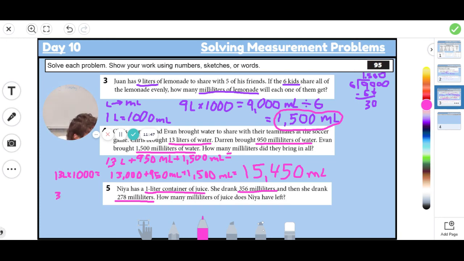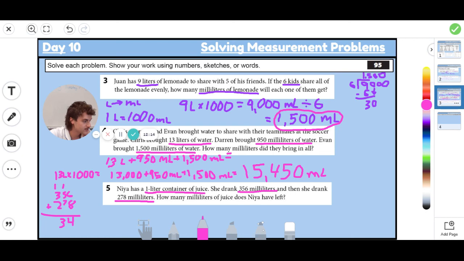So when we do that, 356 plus 278. 8 plus 6 equals 14. Carry the 1. 7 plus 5 equals 12, plus 1 equals 13.